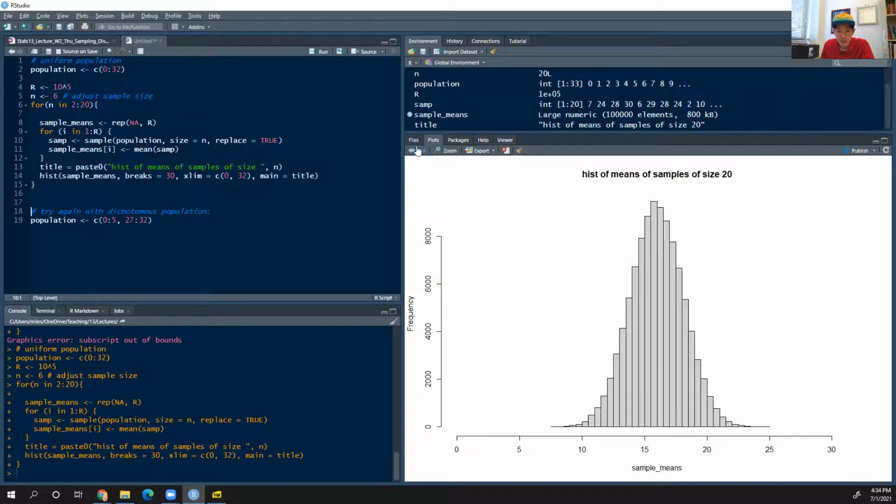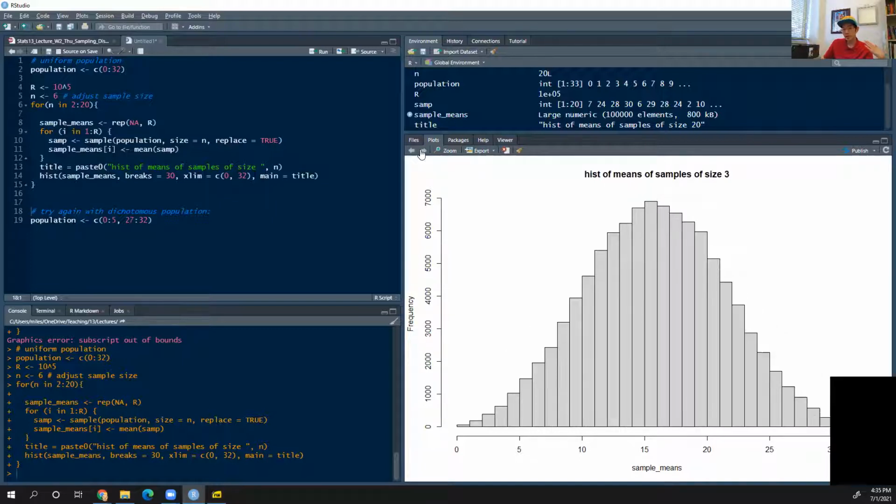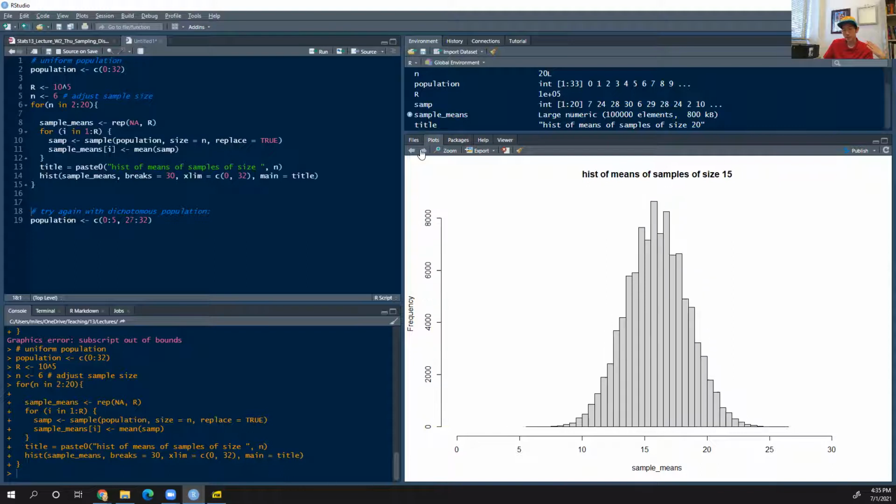As I cycle back through here, we can see that as the sample size decreases, the spread gets wider, and as the sample size increases, the spread decreases, okay?